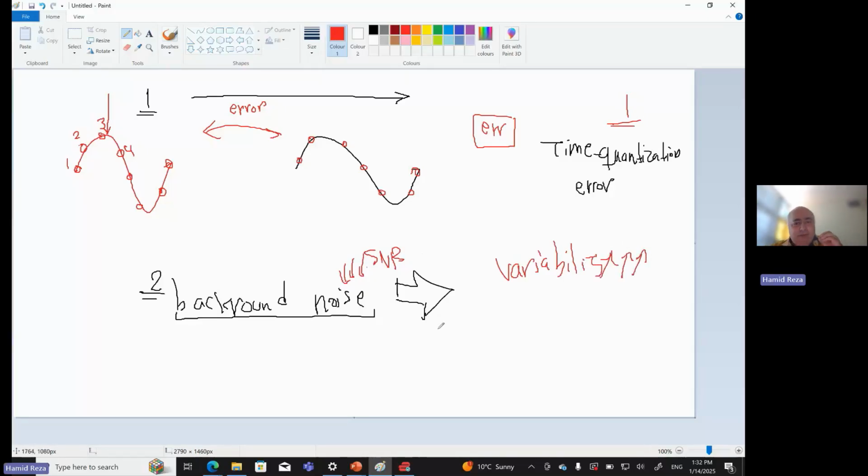So what we can do for each template, we identify a personalized threshold.